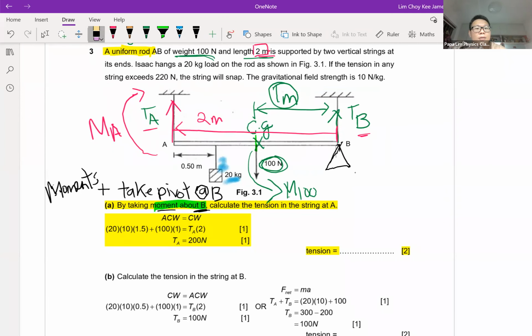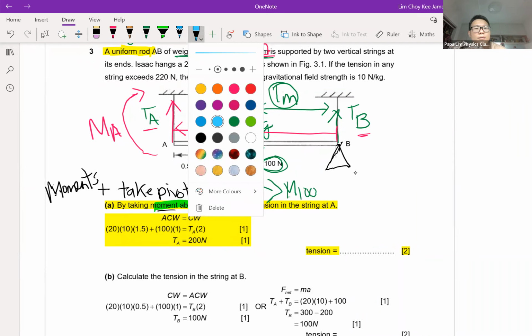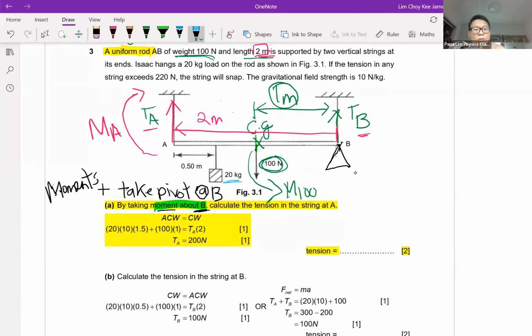So let me use another color. This 20 kg, I must convert to 200 Newton. Similarly, the perpendicular distance is measured from the pivot all the way to the force here.